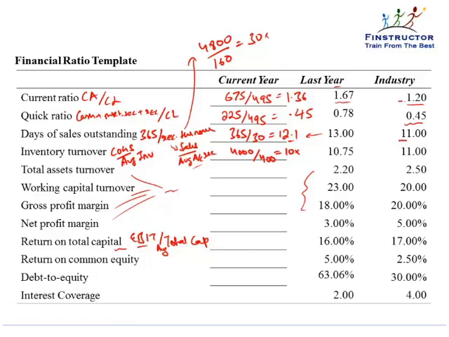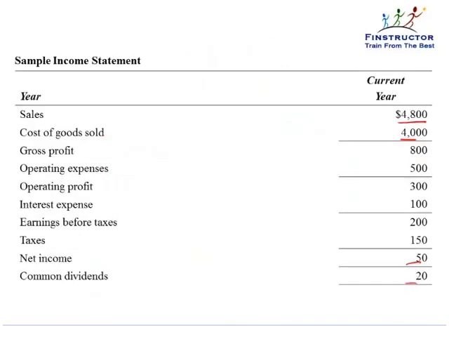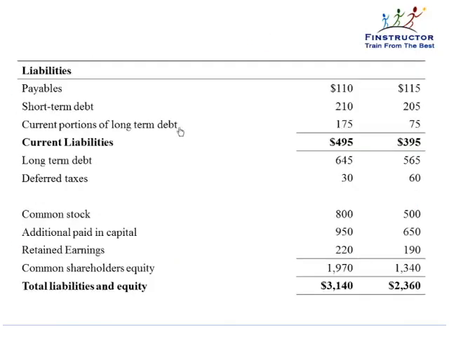So total capital implies total debt, both long-term and short-term, plus the total equity. So the EBIT from the income statement is given to be $300, and total capital can be calculated from the liability side, that is the total debt plus the total equity. The total debt would be the short-term debt plus the current portion of the long-term debt plus the long-term debt.